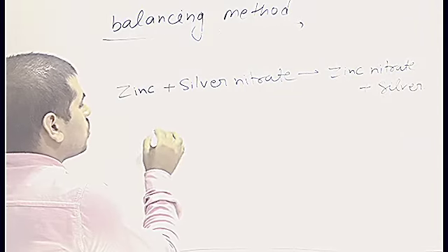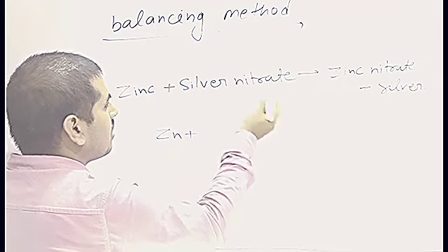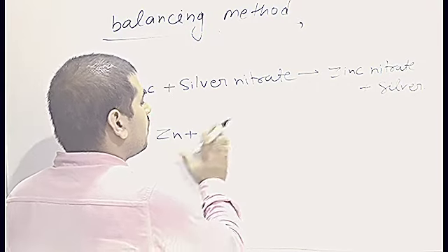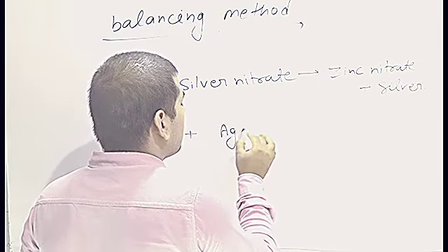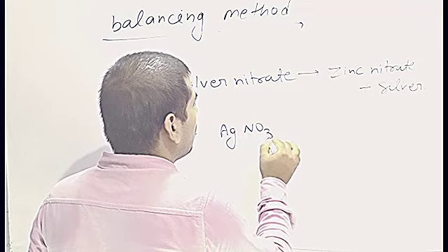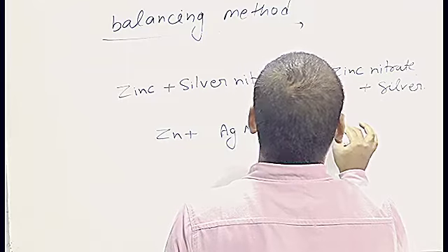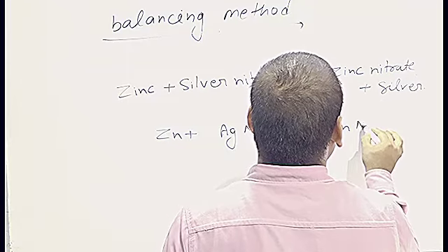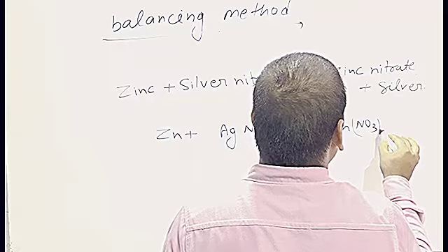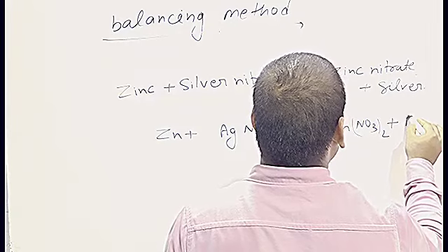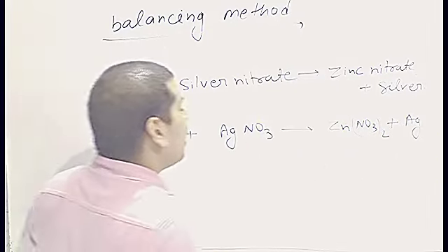So zinc means Zn, silver nitrate means AgNO3 gives out zinc nitrate means Zn(NO3)2 plus silver means Ag.